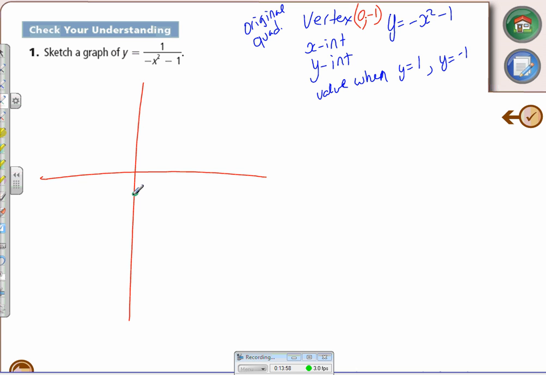Right here. And we also know that it's opening down. So this is going down. Well, if it's opening down and its vertex is already below the axes, then there's going to be no x-intercepts.